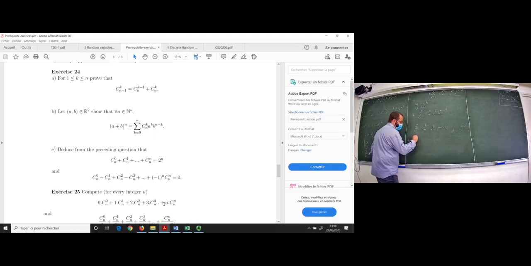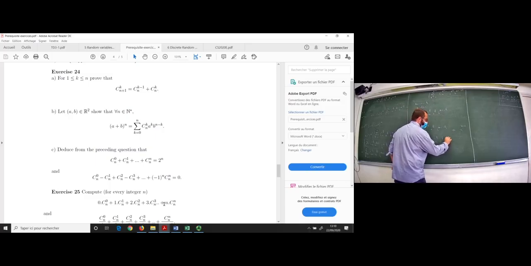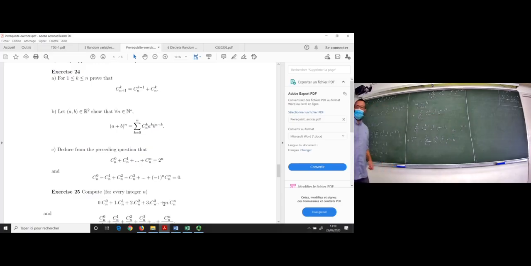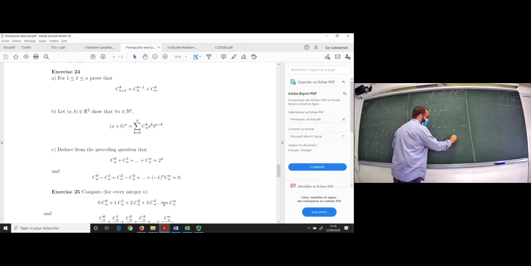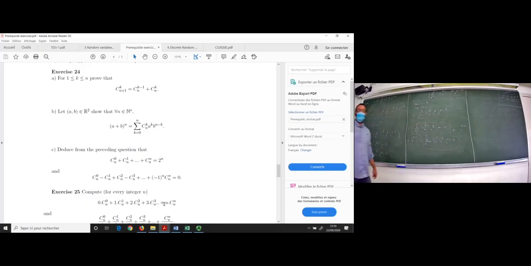So I have b to the power n plus 1 plus the sum from k equal to 1 to n of c n k, a to the k, b to the n plus 1 minus k. And why is this interesting? Because now I have two sums with the same set of indexation, and it's possible to regroup them. I have two sums that I can write as a single one.